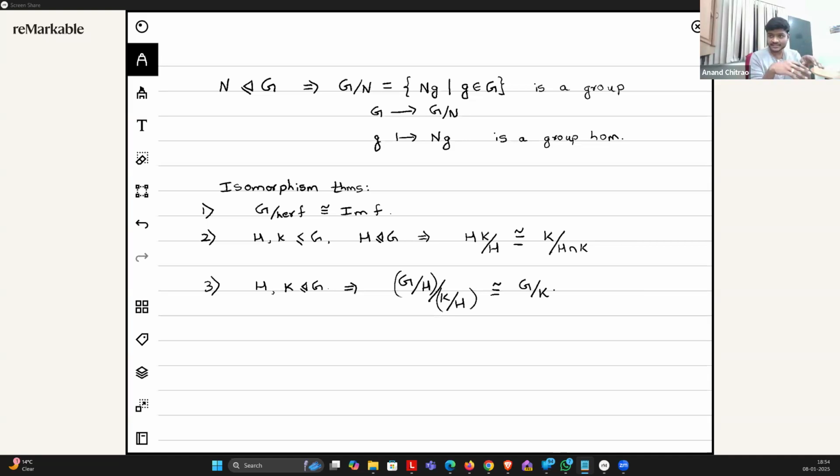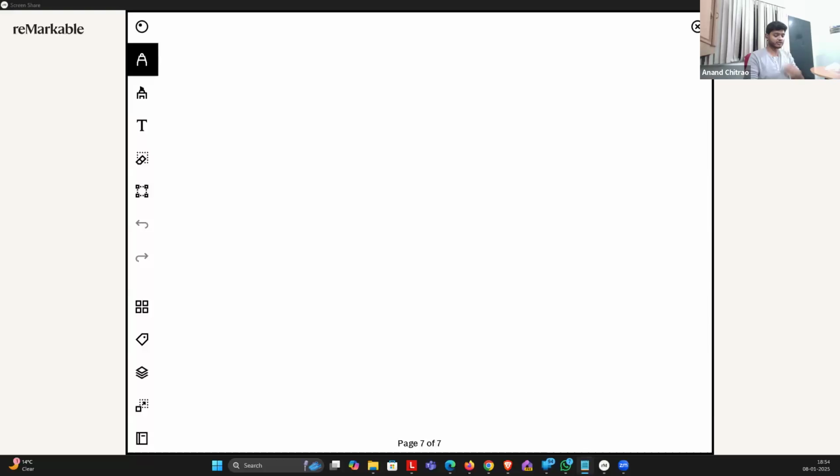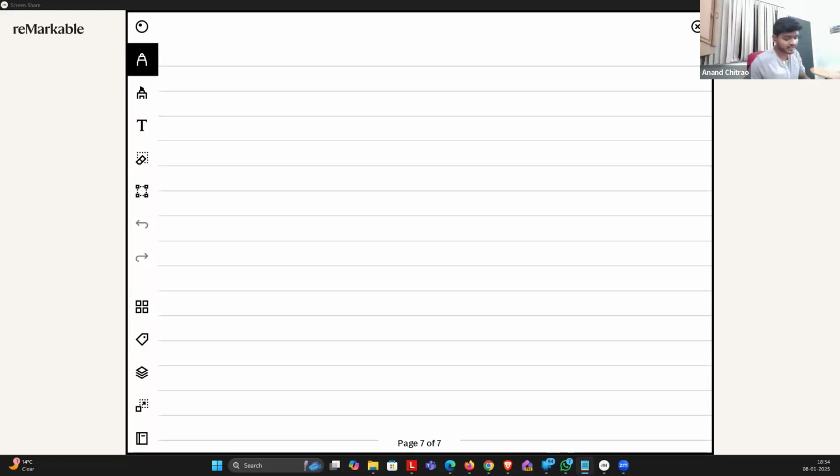Just keep these isomorphism theorems in your mind. You have to internalize them really well because in higher studies, nobody calls these first, second, third isomorphism theorem. These are just natural. If you see a homomorphism, then the image is isomorphic to G mod the kernel. Nobody even calls them anything. You need to be really thorough with these.